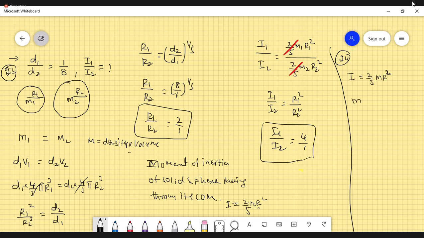Again, mass equals what? Density into volume. So mass equals density into volume, 4 by 3 pi r cube. Density they have given is capital D. So M equals D into 4 by 3 pi r cube.